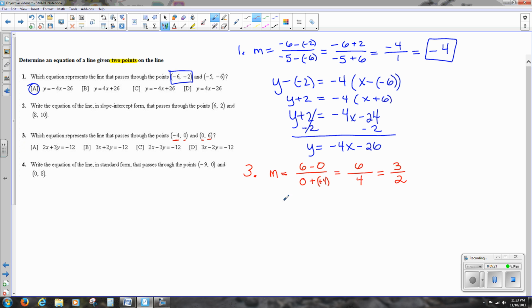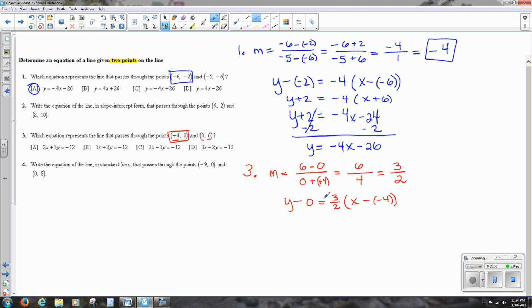Okay, so now point slope form, y minus one of our y values. Let's use this point right here. So my y value is 0. Y minus 0 equals the slope, which is 3 over 2, times x minus the x value, which is negative 4.